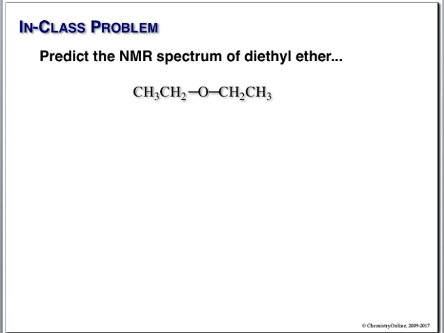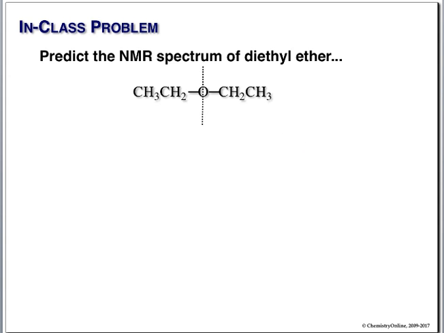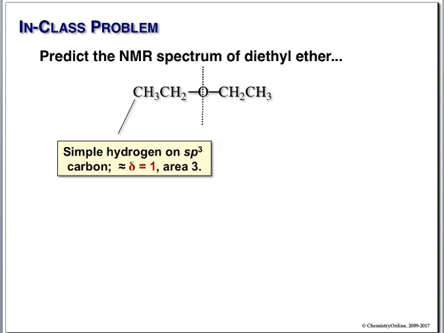Of course we have symmetry. Split this guy right in half. Our 2 ethyl groups are identical. The methyls on the end are going to be simple. It's an sp3 hydrogen or carbon. Going to be around 1, maybe a little over 1. We're going to have 3 and 3.